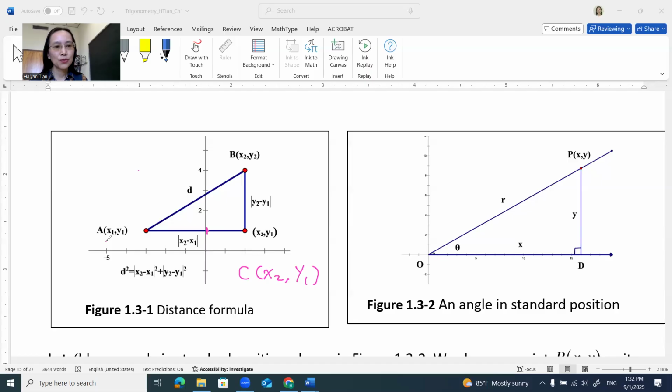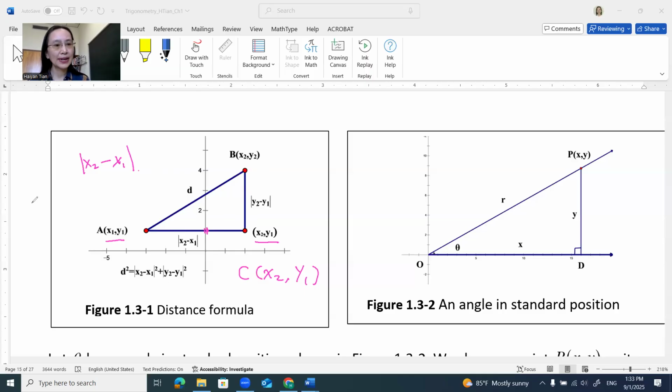You see these 2 points, all we need is to calculate the distance between the x coordinates. It's horizontal because the y coordinates are the same. So we just find the difference of the x coordinates. So take the absolute value of the difference. That's the length of the horizontal line segment.